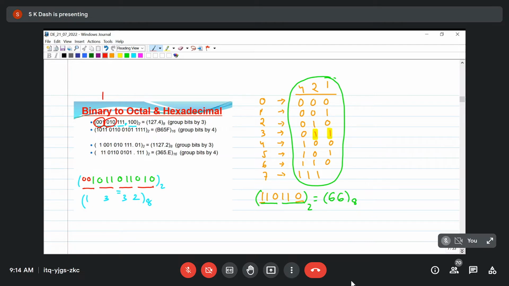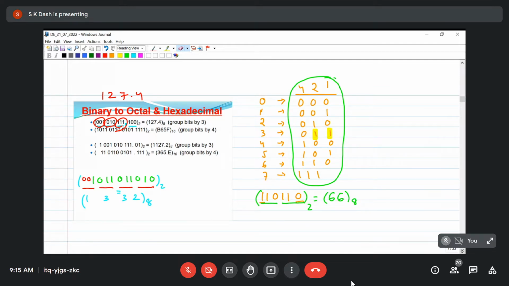Next group is 010, equivalent 2. Then 111 is 7. Then after the dot, 100 is 4. So this will be 127.4 in octal. In this way you can convert binary into octal.